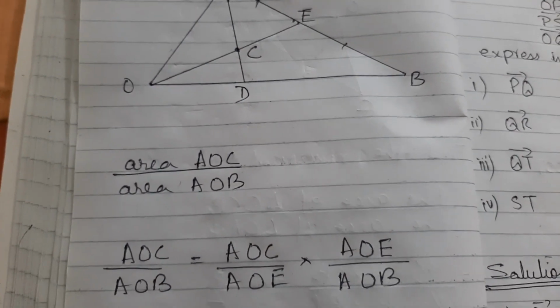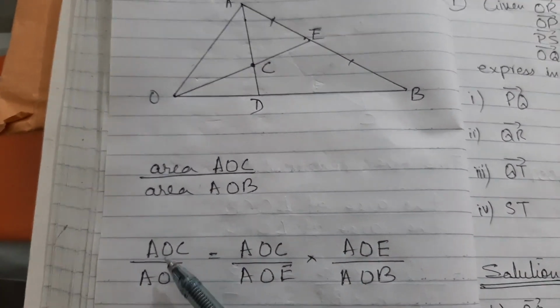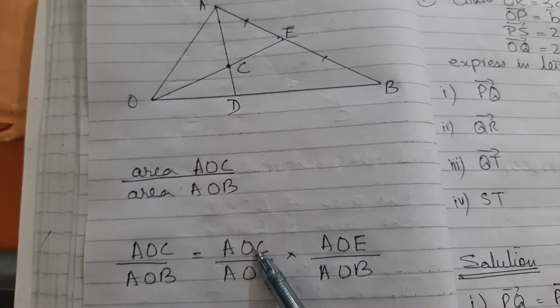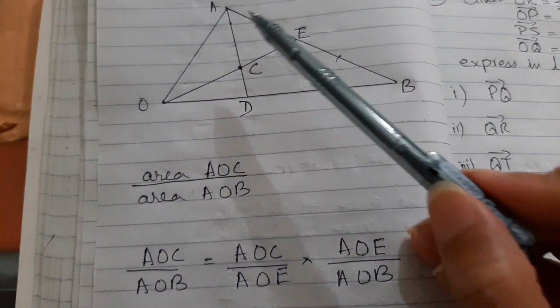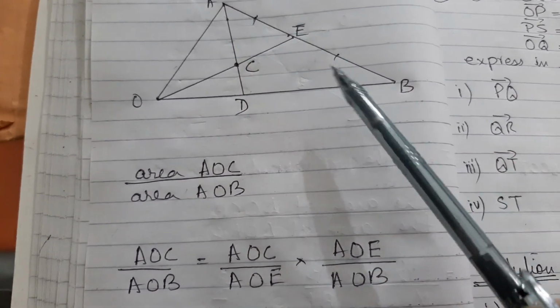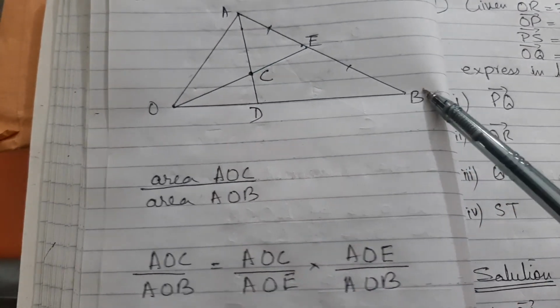So I can say here, just showing it from a distance so that you can see the diagram at the same time, AOC over AOB is equal to AOC over AOE, so I'm writing this triangle with this one, and then this triangle with the big one.